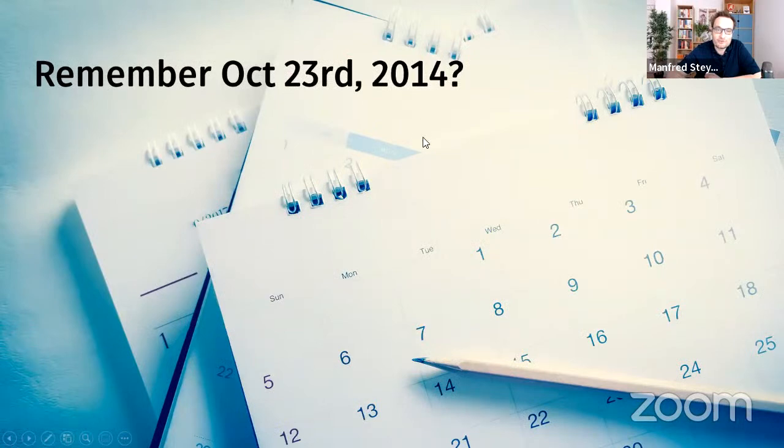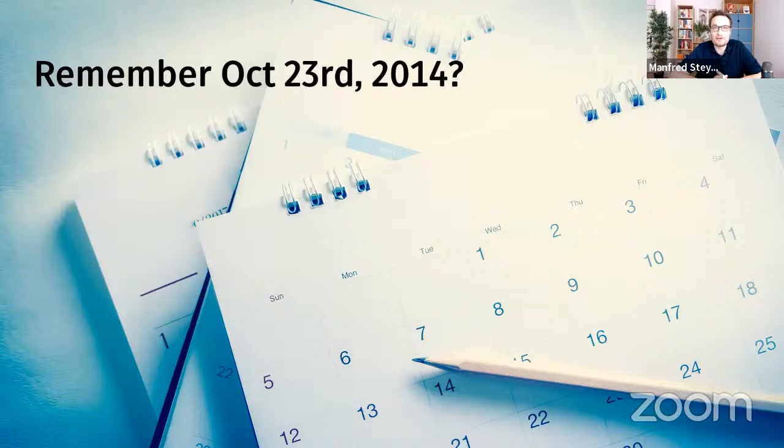And I want to start with a date, with this date here, October 23rd, 2014. Do you remember what you did back then? Well, I exactly remember, because this was the day where Angular 2 was announced.